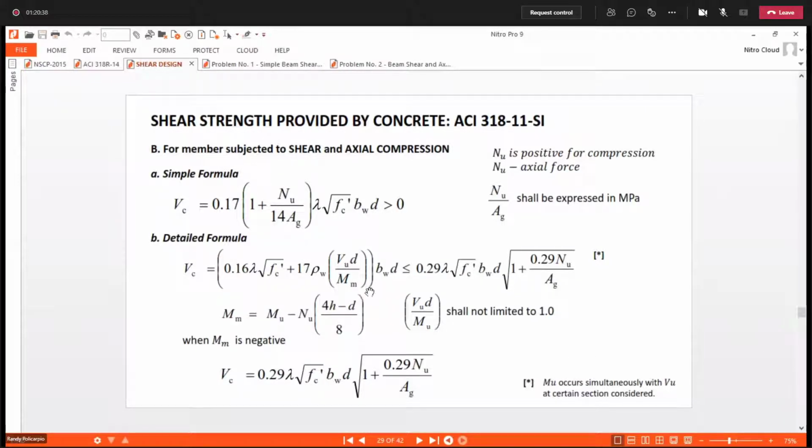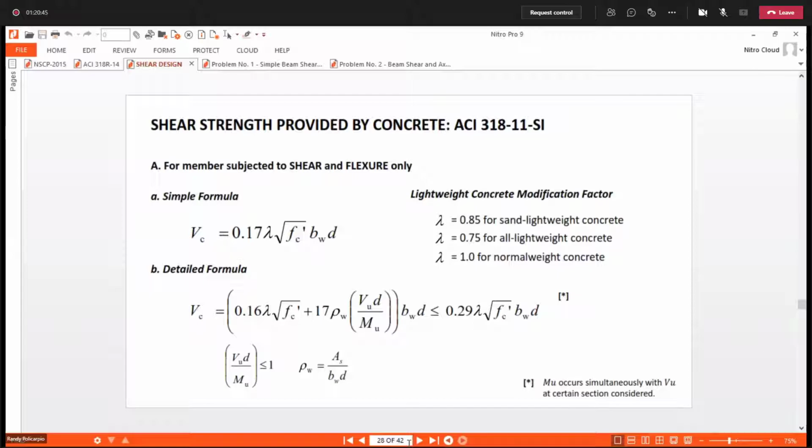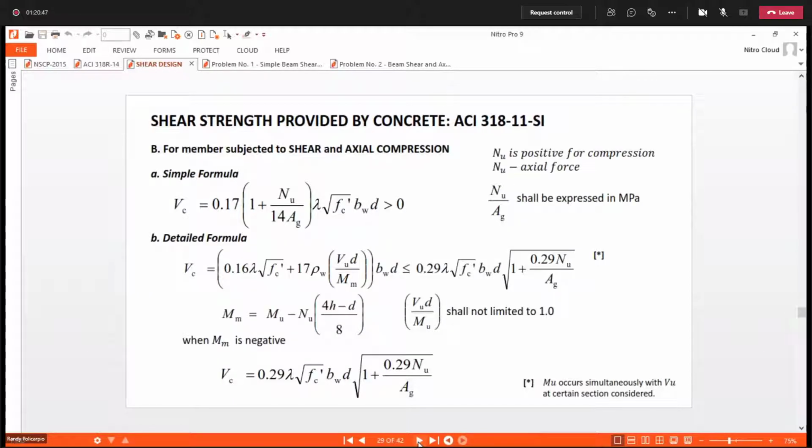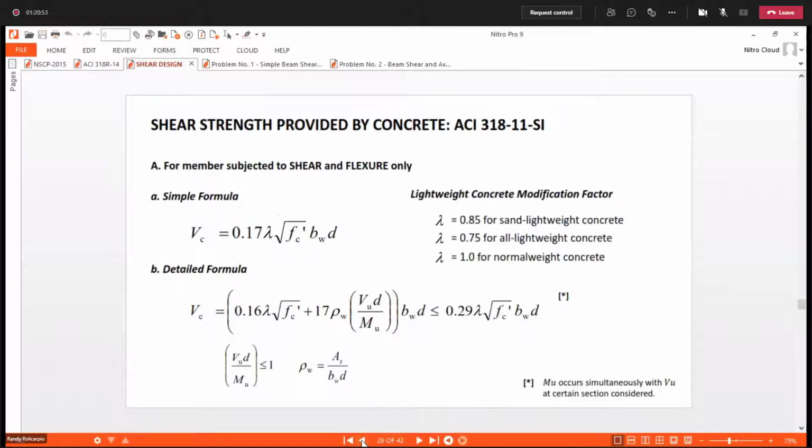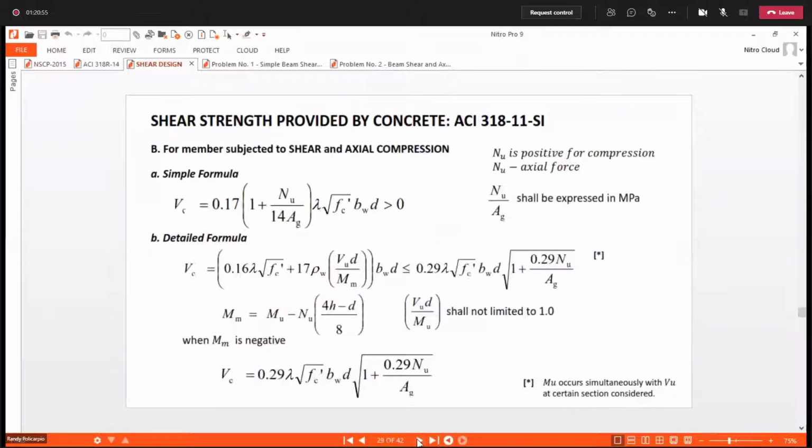Okay, so yung ating formula ulit, similar to this one, dito sa with flexure. Kaya lang ang nadagdag ngayon ito, yung condition na to nagbago. So kailangan i-compare mo. Marami kang i-consider dito.